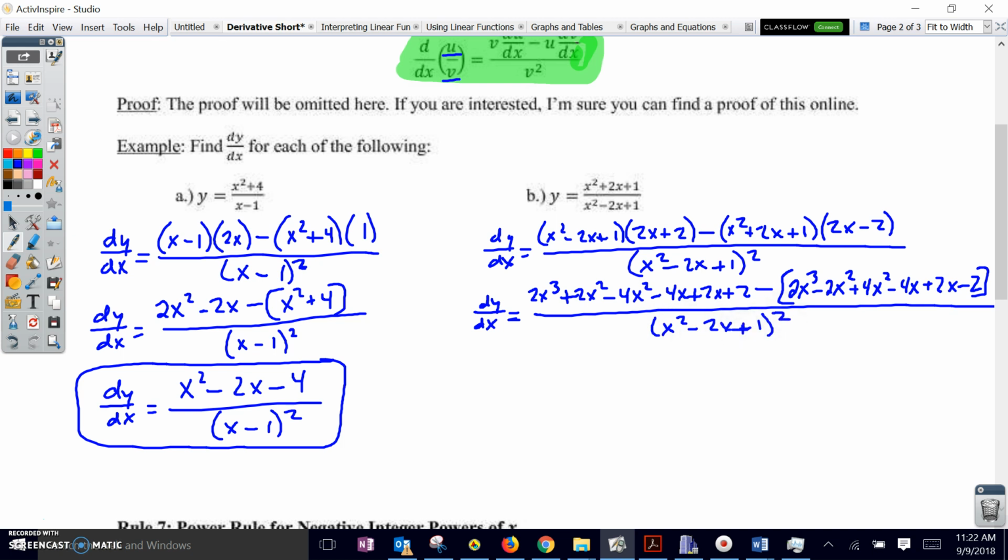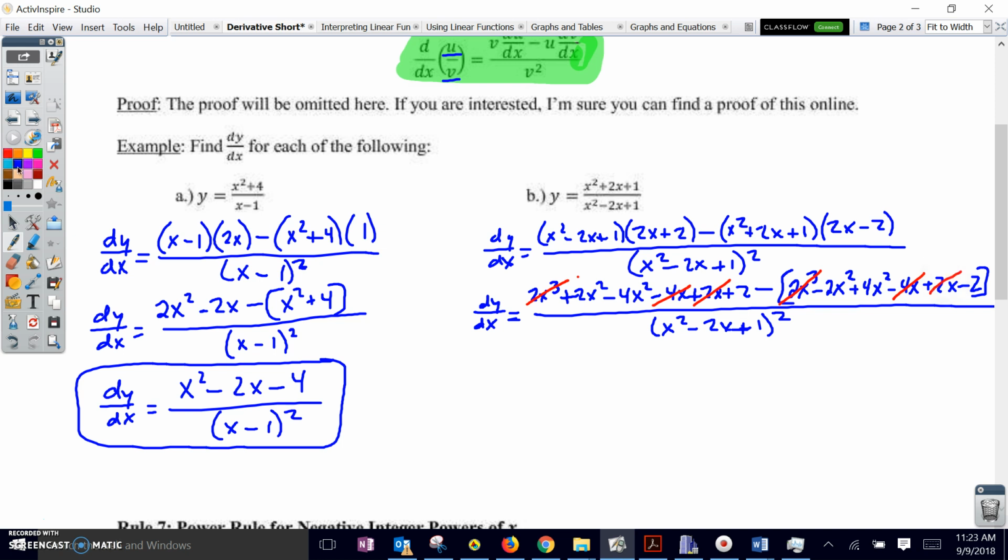Alright, and now I need to clean this stuff up. I'm going to cancel a few things out. I've got a 2x cubed in here. I've got a minus 2x cubed. I've got a minus 4x minus a minus 4x. I've got a 2x minus a 2x.